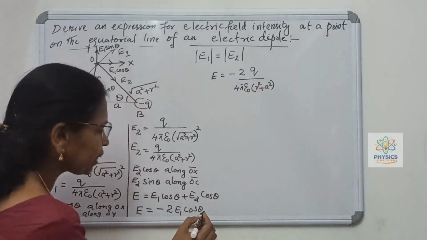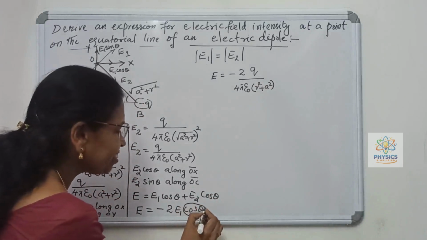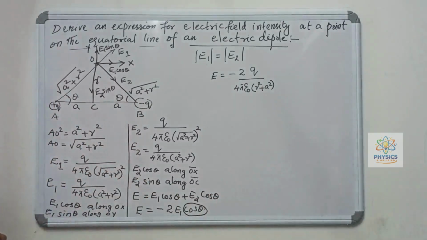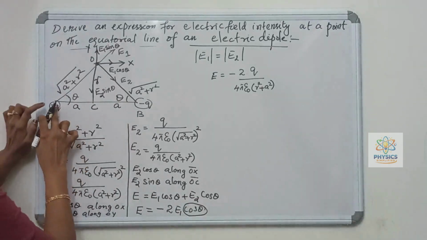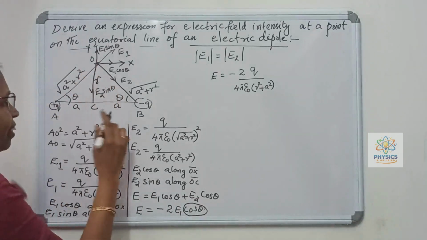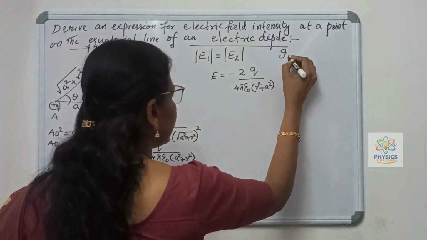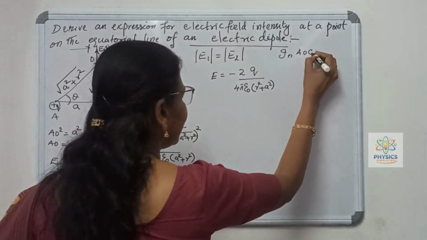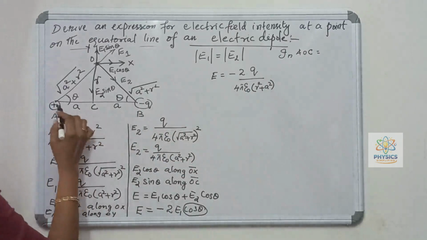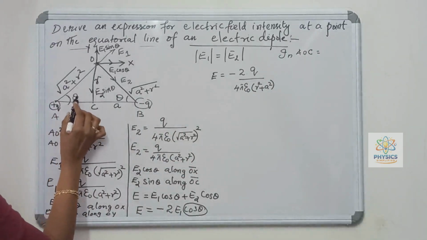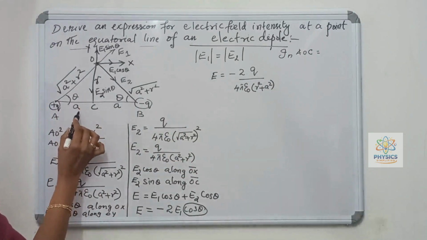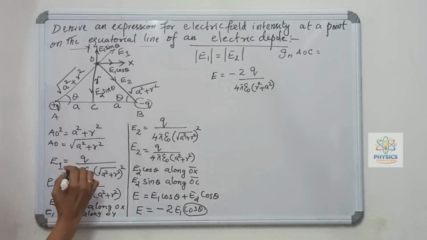And the next aim is, here one term, that is cos theta. We have to calculate the value of cos theta, considering the triangle AOC. That is, in triangle AOC, we can take cos theta is equal to adjacent side by hypotenuse.